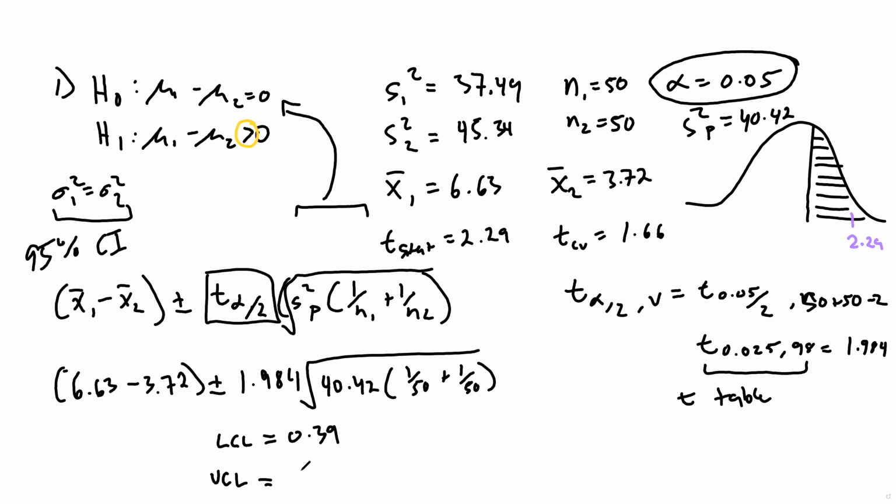UCL is going to come out to 5.43. So a way you could answer this is with 95% confidence, we can assume that the return is between 0.39% and 5.43%. So again, you have your confidence interval. This is how you do it if we assume equal variance.